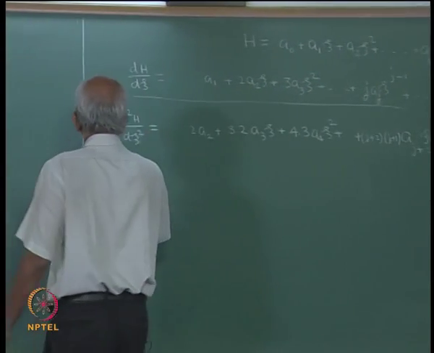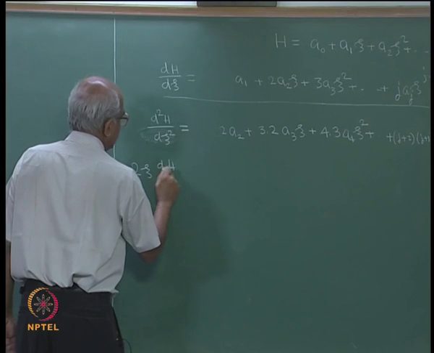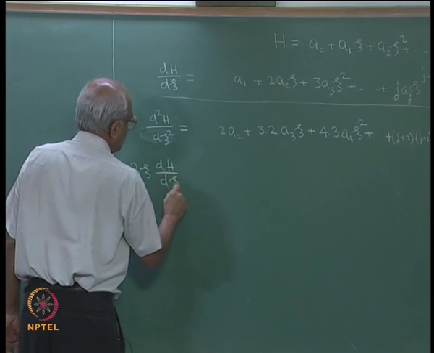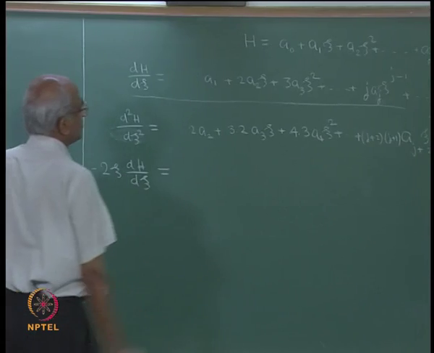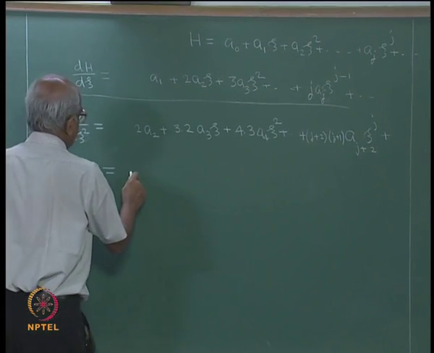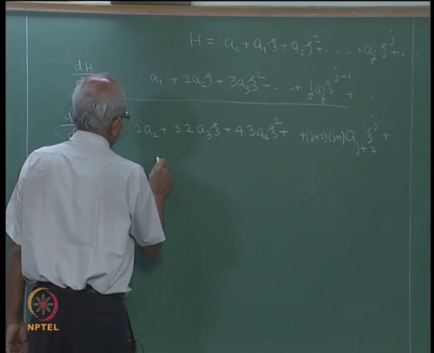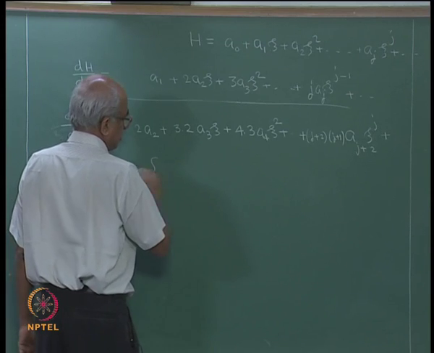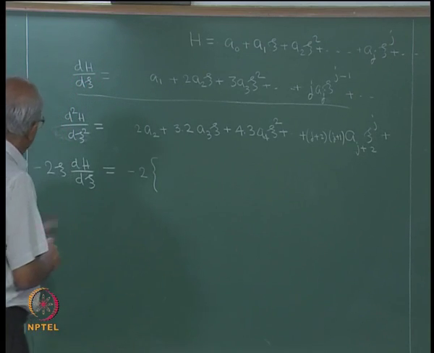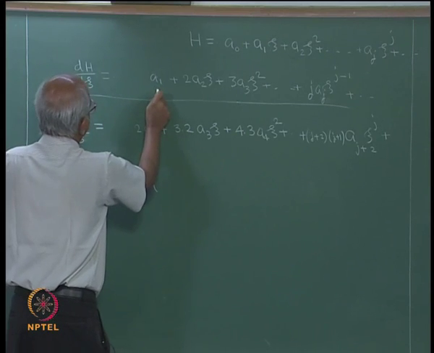So, minus 2c times dh upon dx would be equal to, what would be the expression? Well, you will have minus 2, I am not going to take the minus 2 inside. So, I will put a bracket, but the c, see this is my expression for dh by dx.